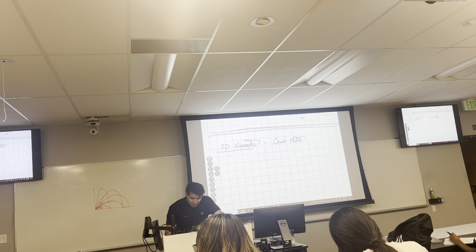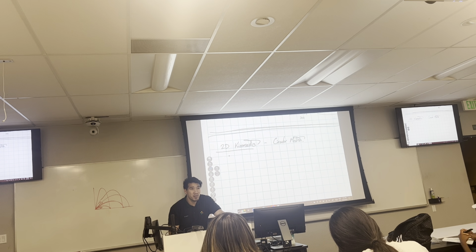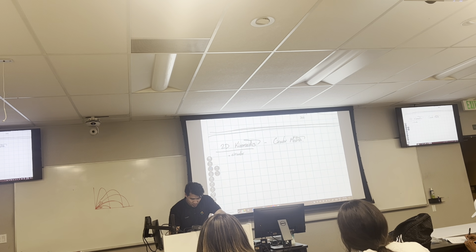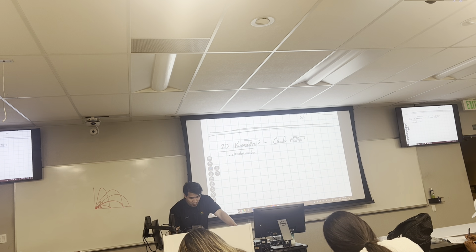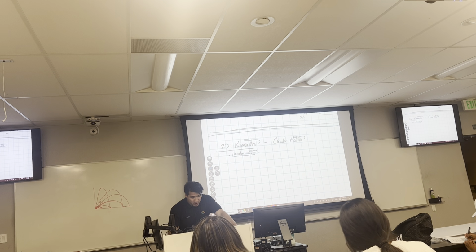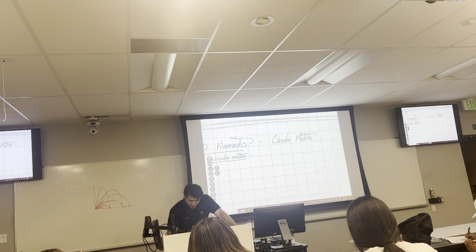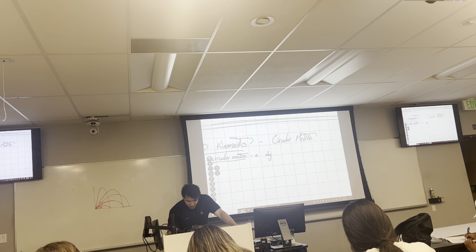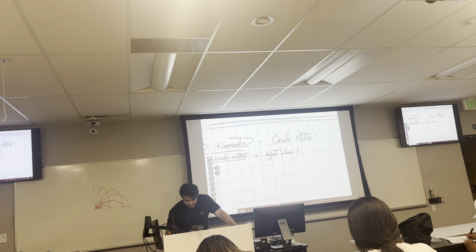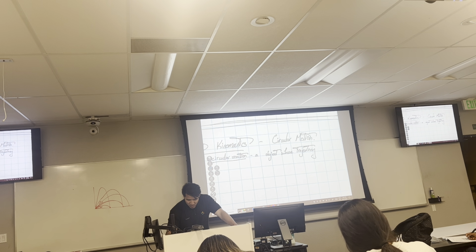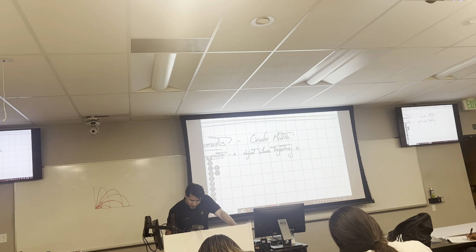Now let's first begin by defining what circular motion even is. As you can guess, it is an object whose trajectory is, yeah, indeed a circle. An object whose trajectory is a circle.